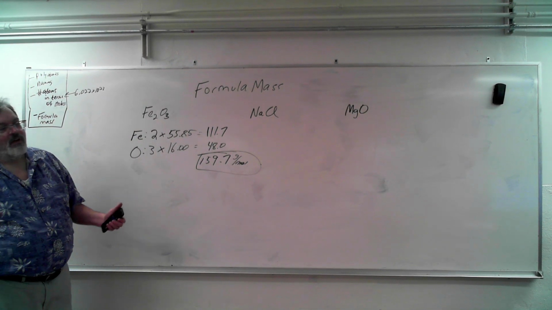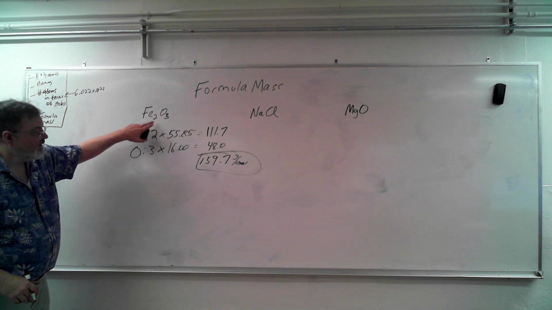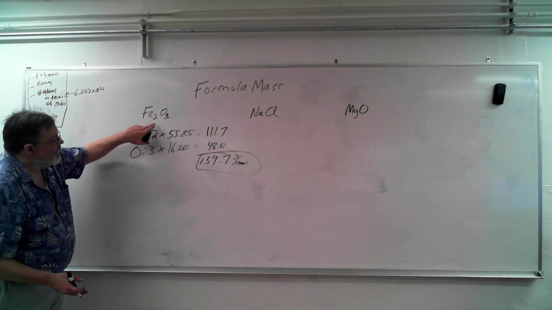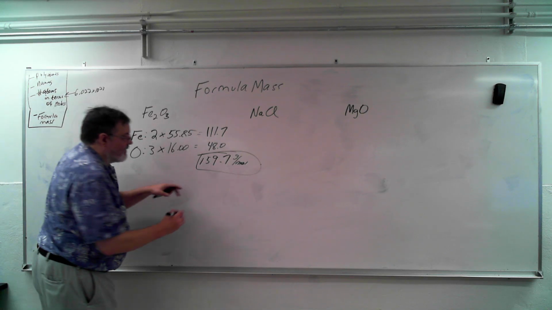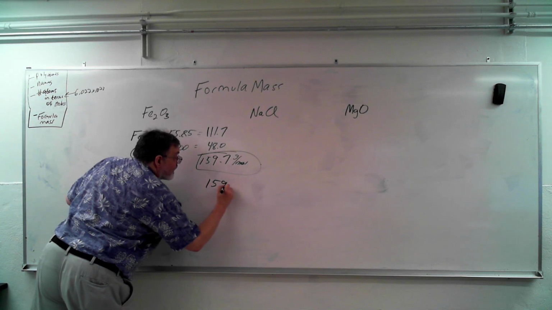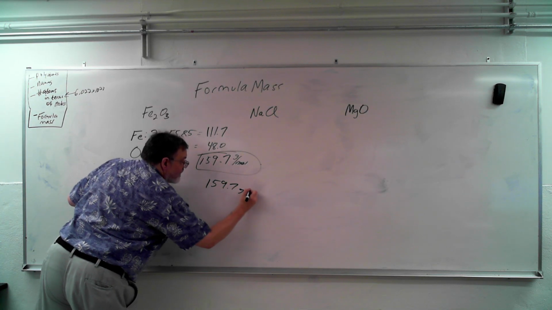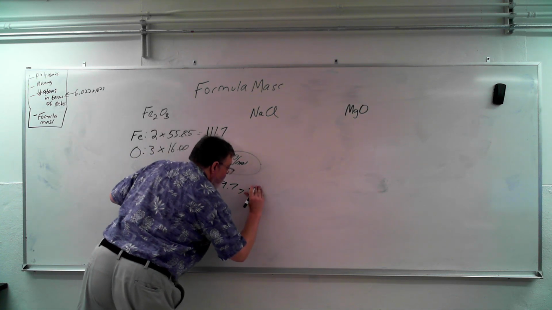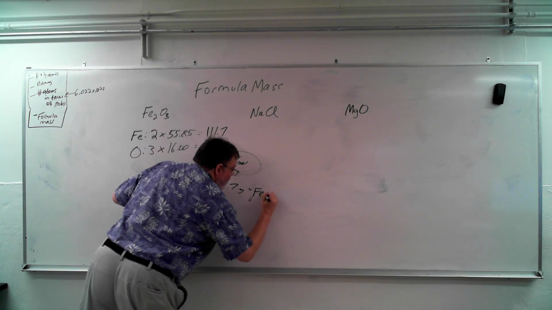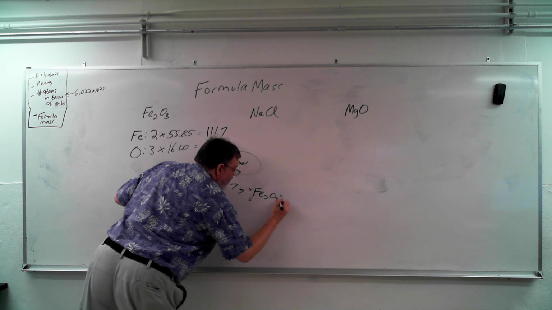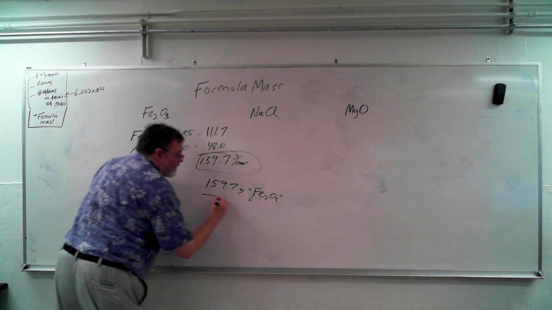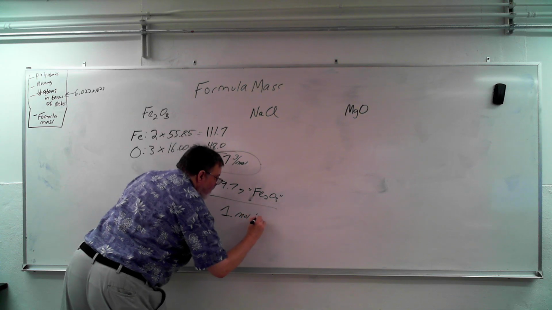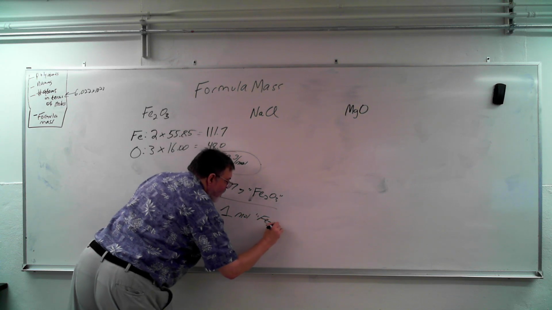Now, if I said I have X number of moles of this, how many grams? Or if I said X number of grams, how many moles? Now I have this, 159.7 grams of, and now the label is Fe2O3. See what I mean? Now that's the label for 1 mole of Fe2O3.